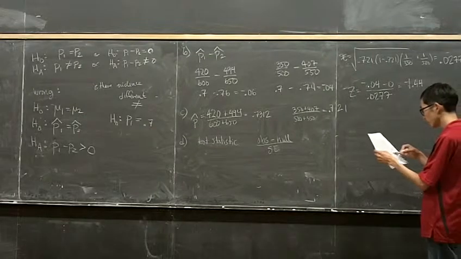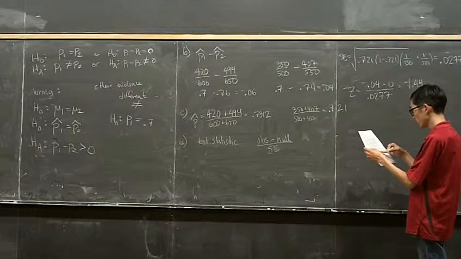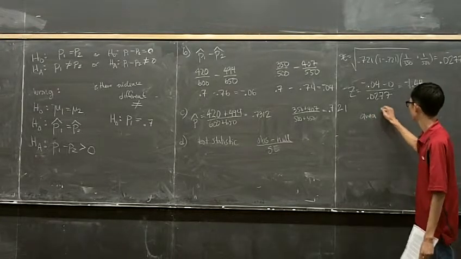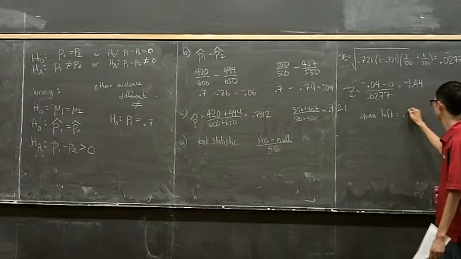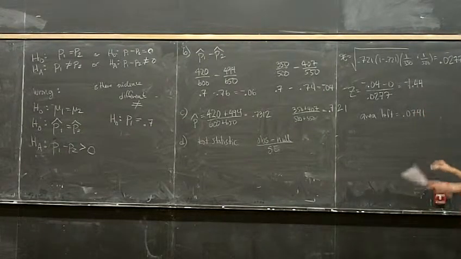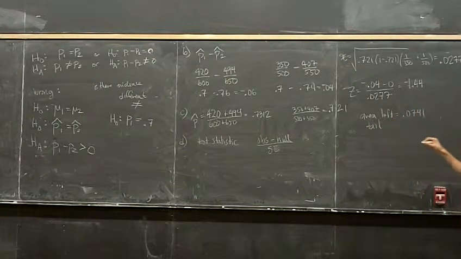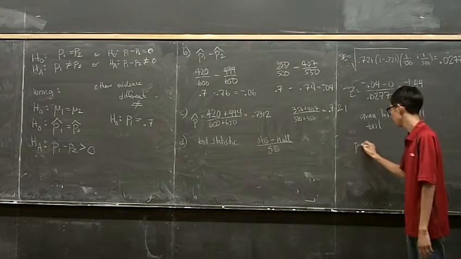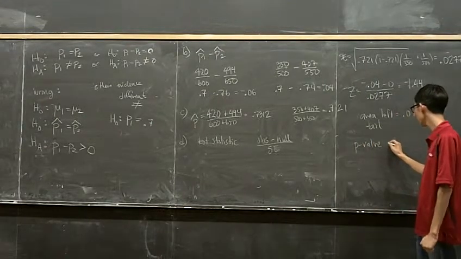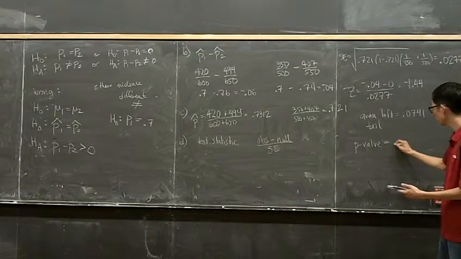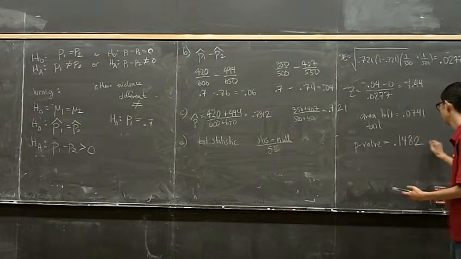I look that up in my z-table. So the area to the left of negative 1.44 is 0.0749. Okay? It is 0.0741. That's the area in my tail. Alright? So is this my p-value? No, my p-value is double this. So I take that and I double it, so my p-value is equal to 0.0741 times 2, and I get 0.1482.